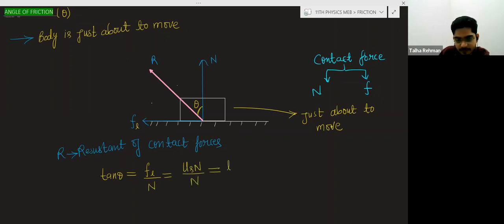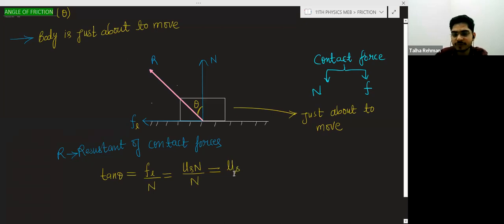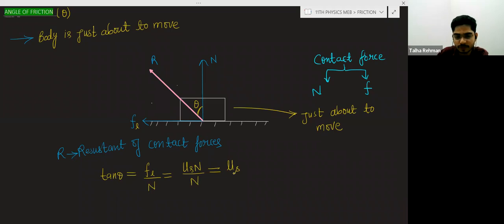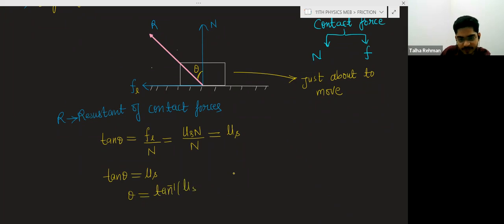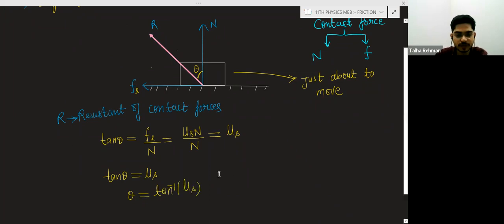This becomes mu S. What is mu S? Coefficient of static friction. So tan theta is equal to mu S. So you can say the angle of friction is tan inverse of the coefficient of static friction. So remember this formula.